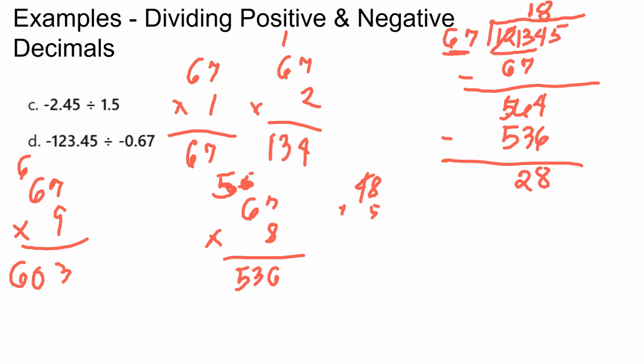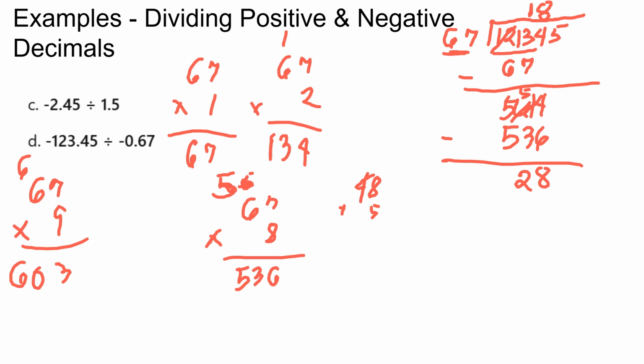Why? Because if I borrow 1 from here, that will be 14. 14 minus 6 is 8. Then this will be 5, and 5 minus 3 is 2.